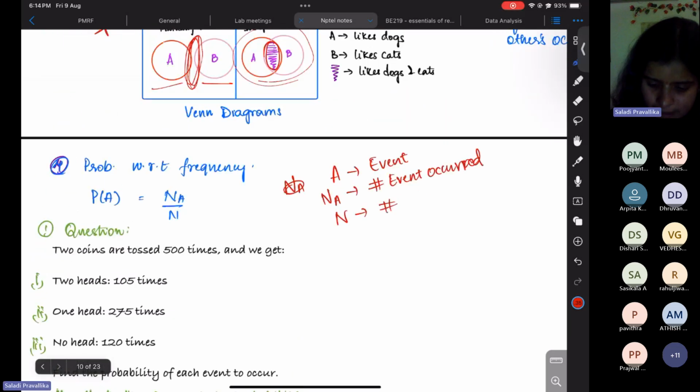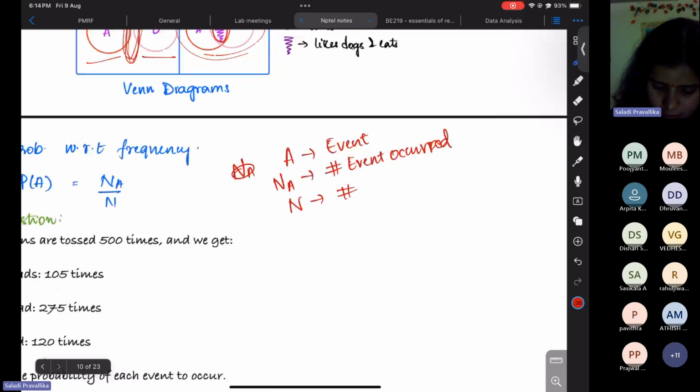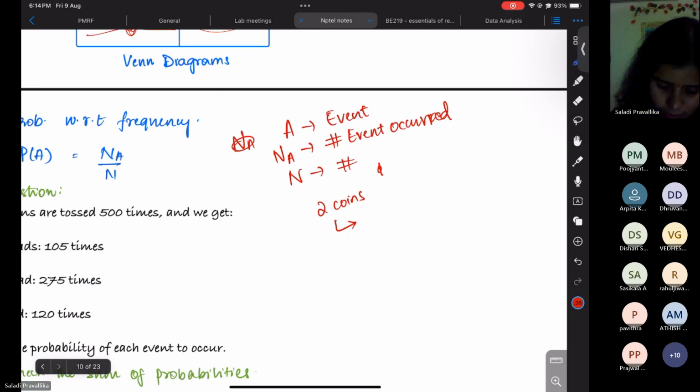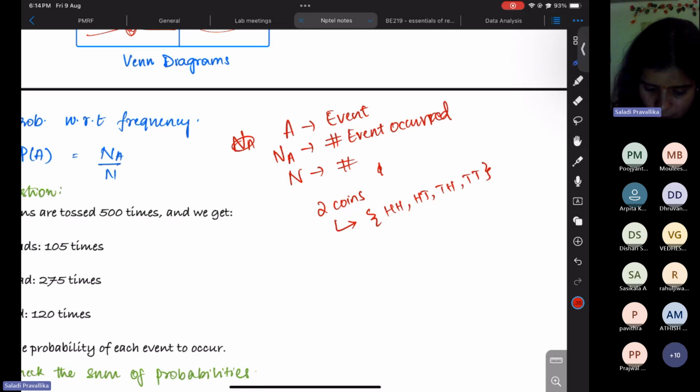Okay. For example, take an example of tossing two coins, right? So what will be my sample set? I might get two heads, or I might get a head and a tail, or a tail and a head, or I might get both tails, right? So if I'm asking you, what is the probability of getting both heads?